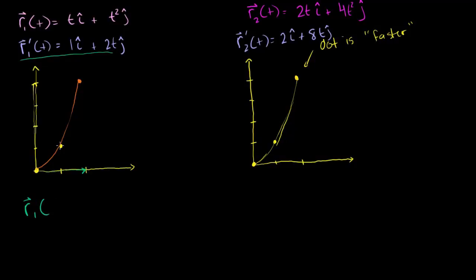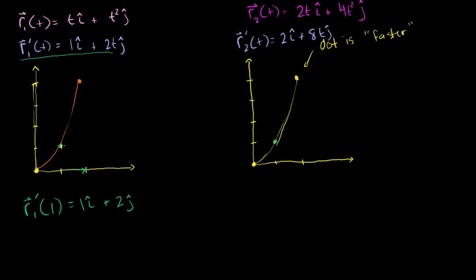I want to take the specific point on the curve, not the specific point in time. This point on the curve is when time is equal to 1 second. This point over here, which is the exact corresponding point, is when time is equal to 1/2 second. So r1 prime of 1 is equal to 1i, right? It's not dependent on t at all. So it's 1i plus 2 times 1j, so plus 2j.